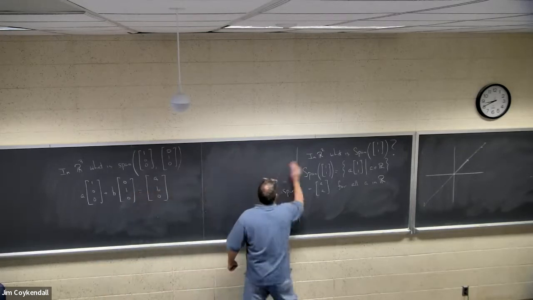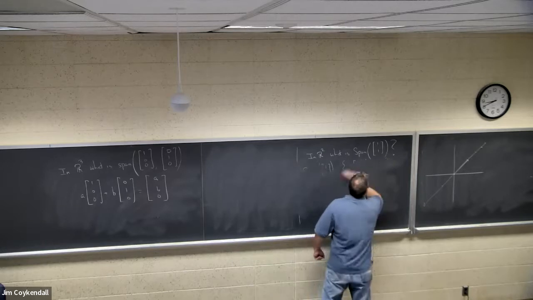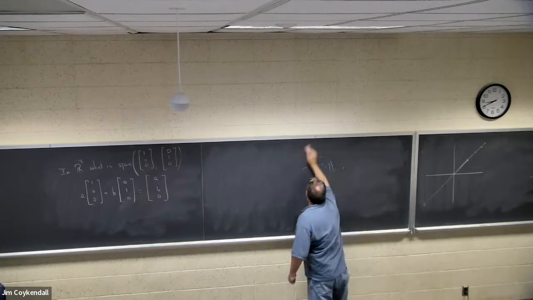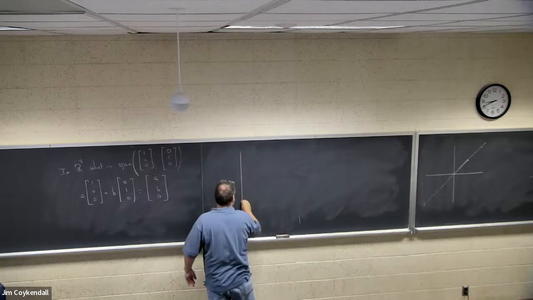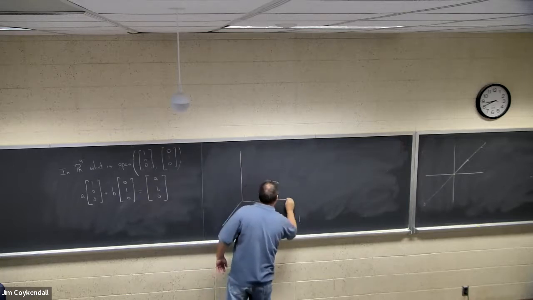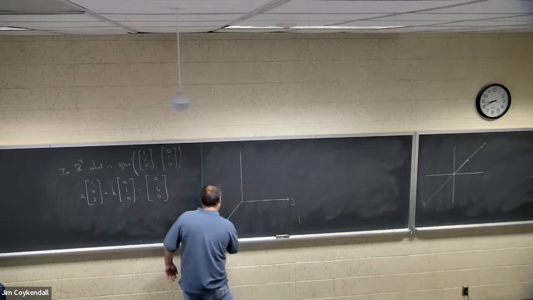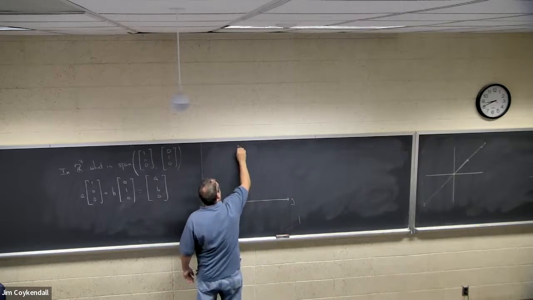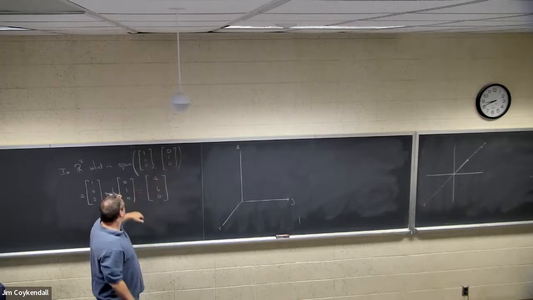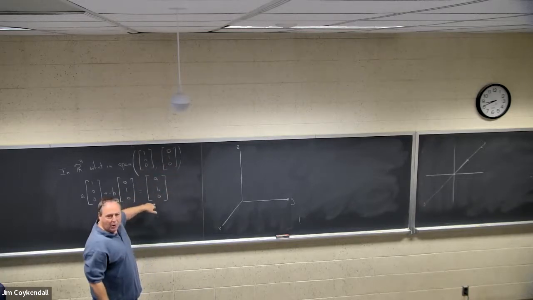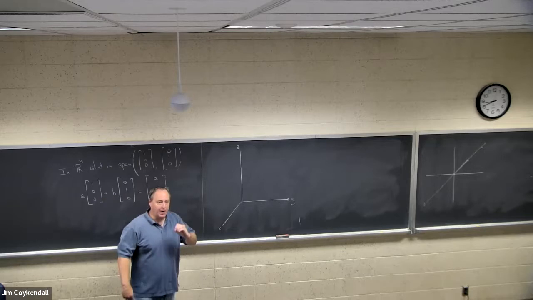That's right. So let me do my crappy three-dimensional drawing again. A typical element of the span of this can be any point in three-dimensional space with the caveat that the z coordinate has to be zero.